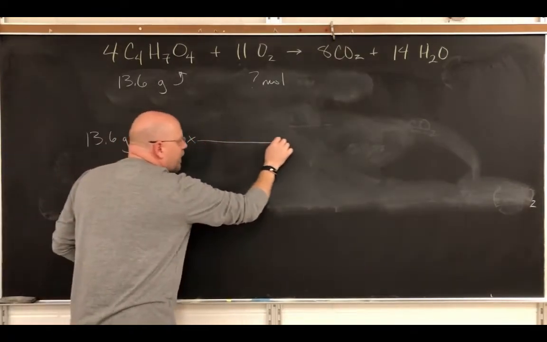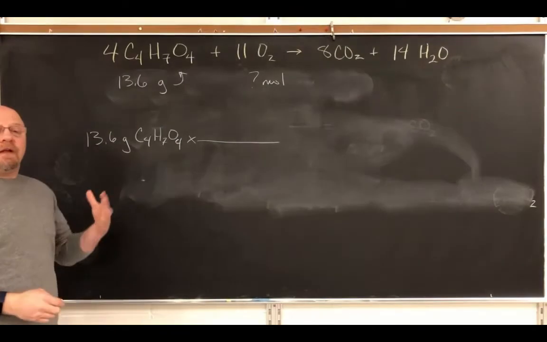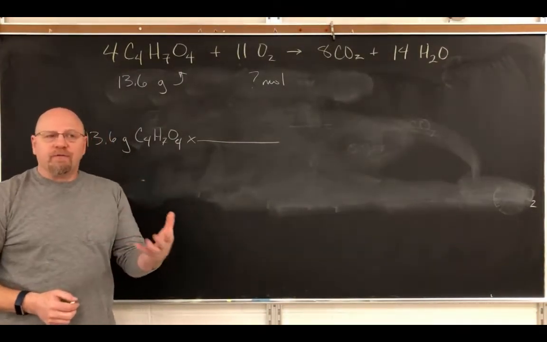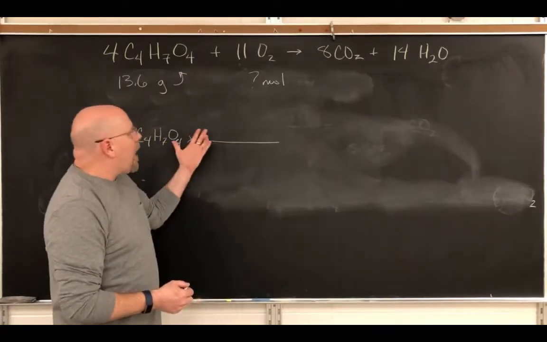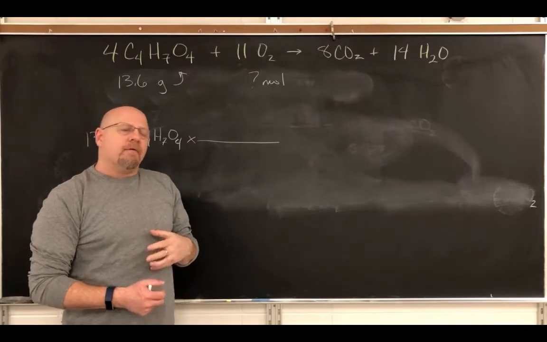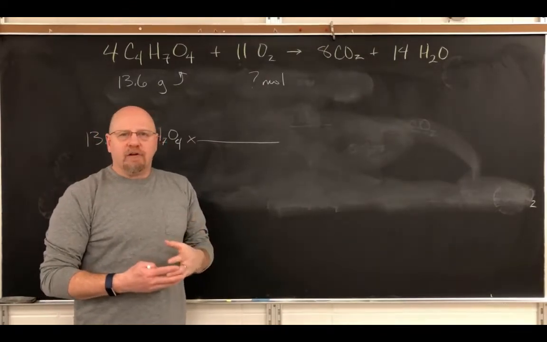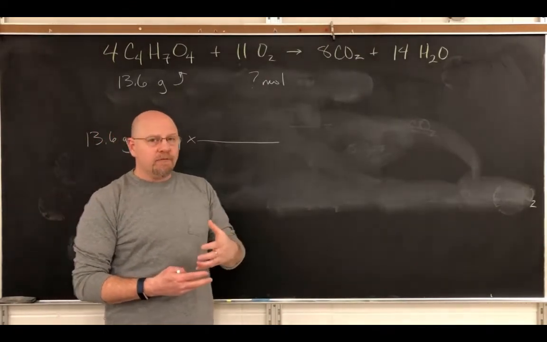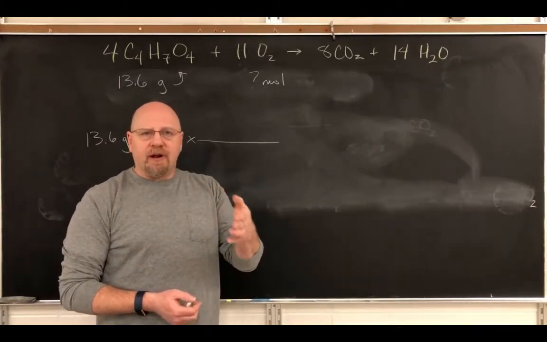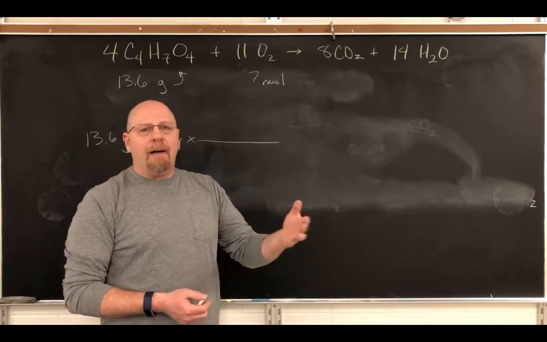Our first step would be to convert this from grams. We are always going to do a mole-to-mole conversion any time that we are going between 2 different compounds. For that reason, we need to have the unit of moles. And if you don't have the unit of moles at the beginning of the problem, the first step is to get to moles.